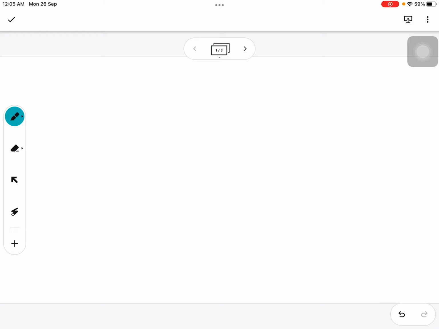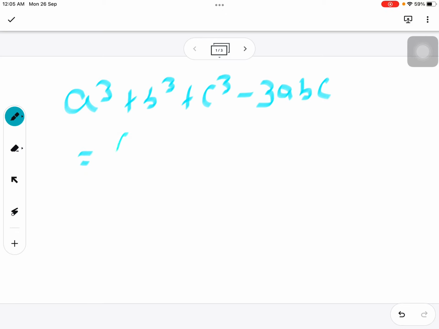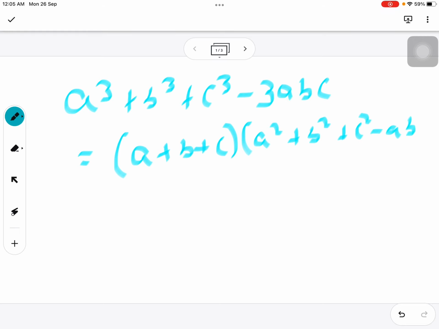Let's look at another very important formula. a cube plus b cube plus c cube minus 3abc is equal to a plus b plus c into a square plus b square plus c square minus ab minus bc minus ca.